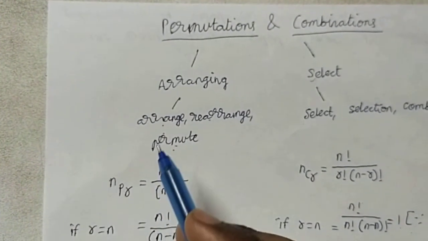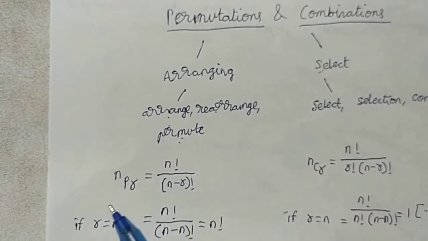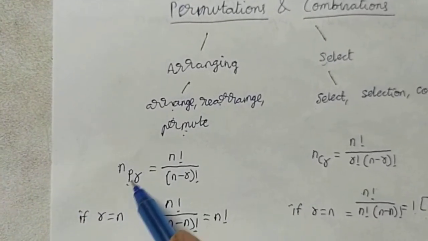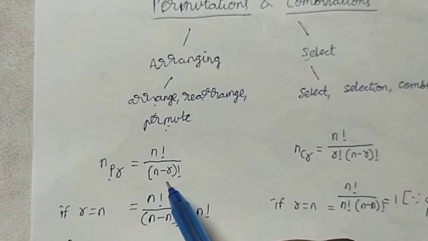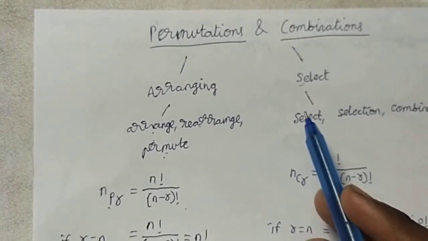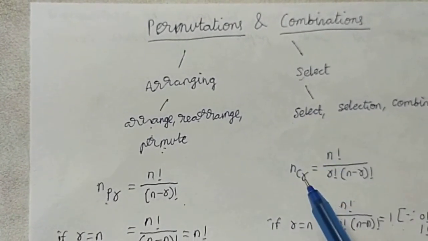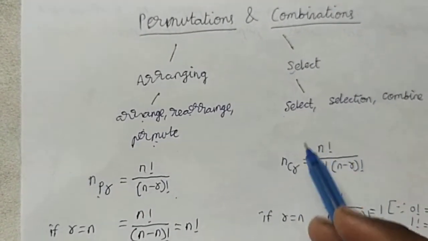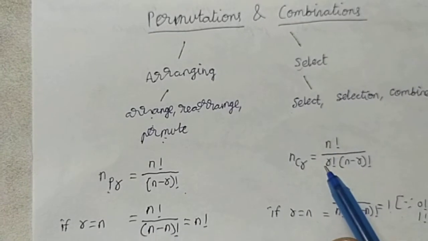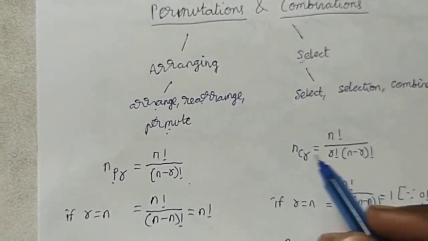We have a formula for permutations, represented by nPr. The formula for permutations is n factorial by n minus r factorial, and the formula for combinations is represented as nCr: n factorial by n minus r factorial into r factorial.